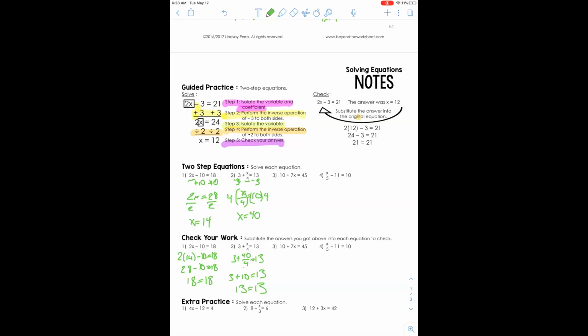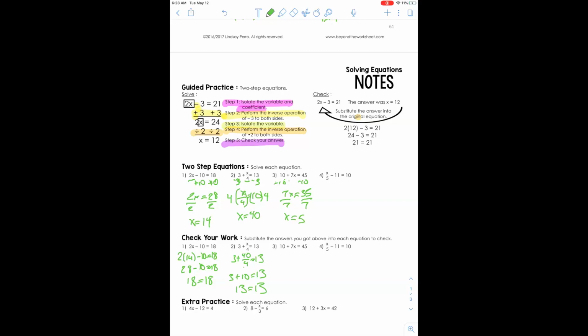Let's try one more together. So we do 10 plus 7x equals 45. Minus 10, minus 10. 7x equals 35. Divide each side by 7. We get x equals 35 divided by 7 would be 5.